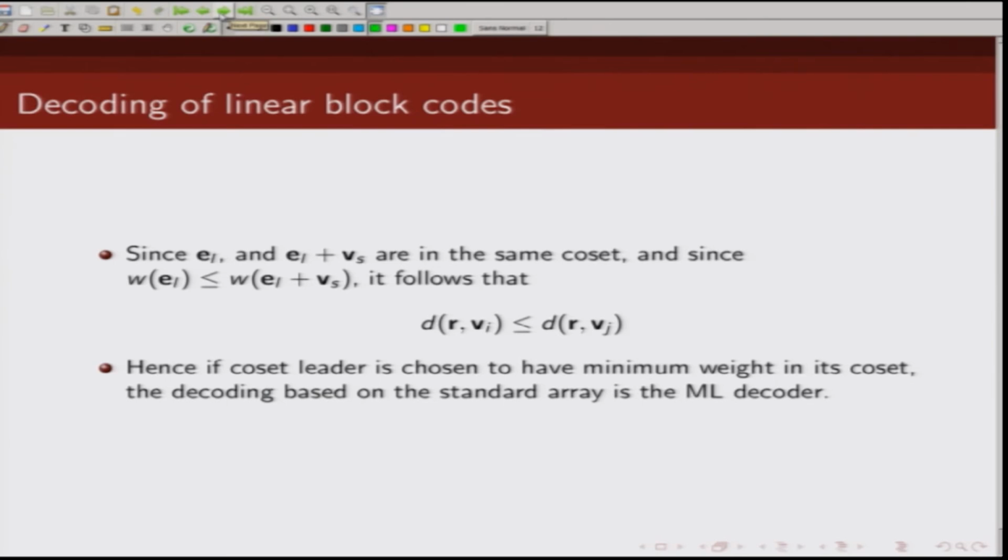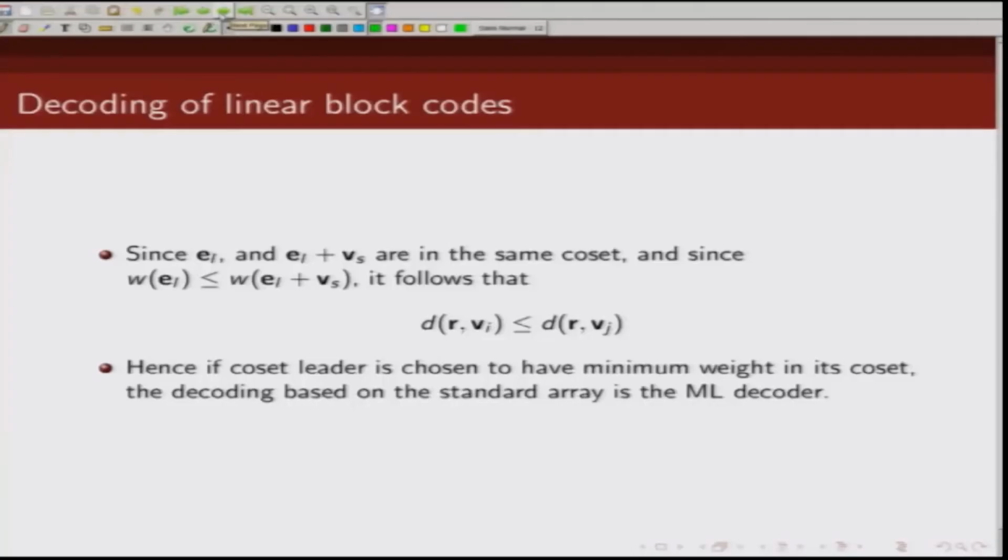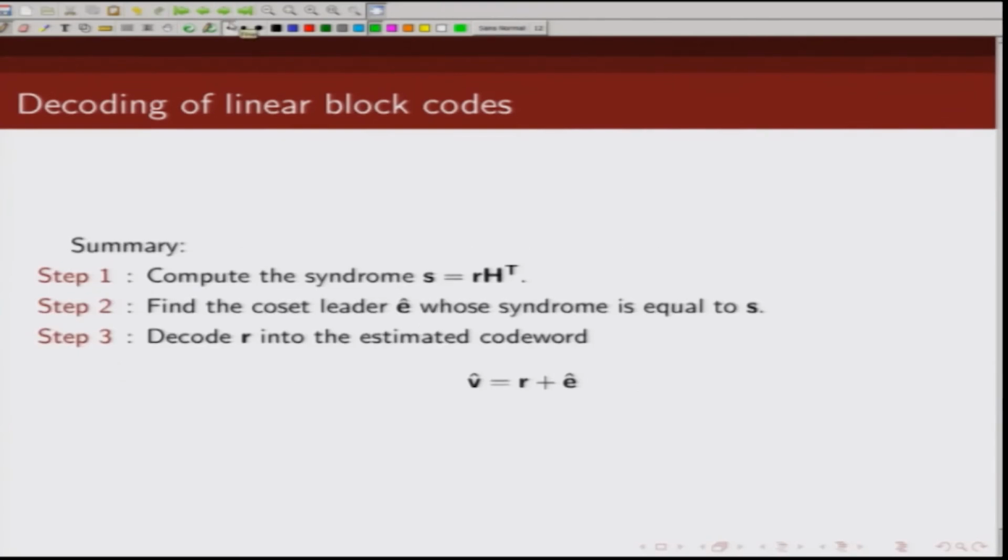If we choose our coset leader to be the one which has minimum weight in that coset, the decoding will basically be a maximum likelihood decoder, because the maximum likelihood decoder for a binary symmetric channel, we have said, is the one which minimizes the Hamming distance between the received code word and the selected code vector V.